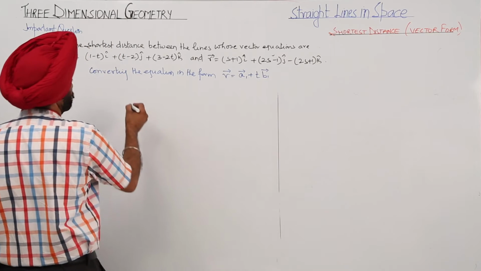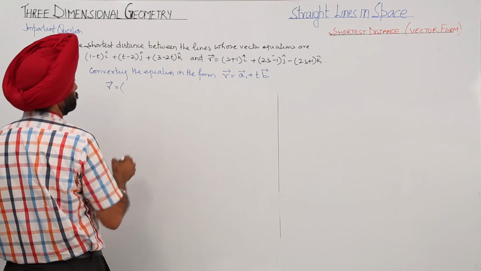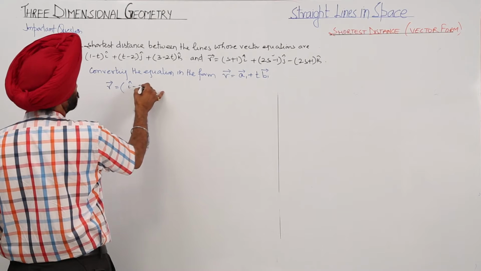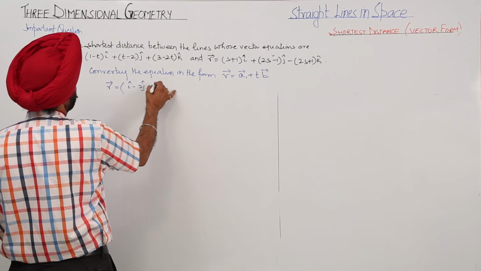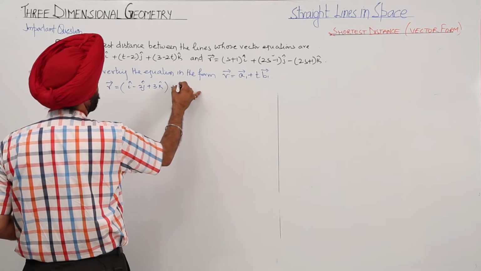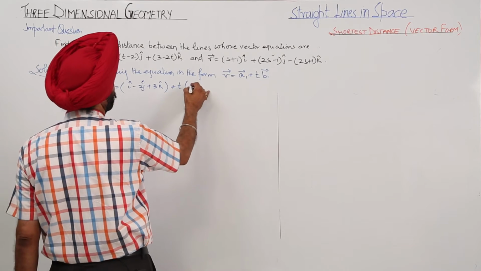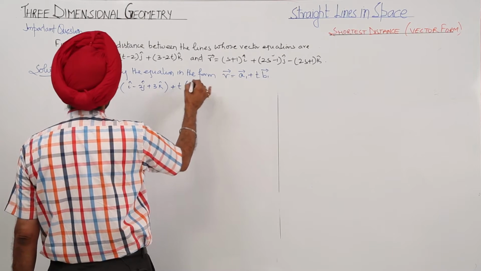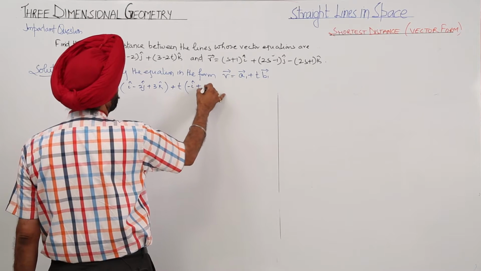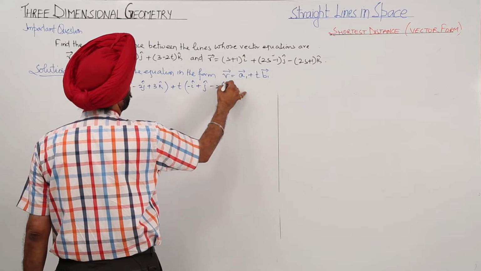Now it is vector r is equal to i cap minus 2 j cap plus 3 k cap plus t with negative of i cap plus j cap negative of 2k cap.